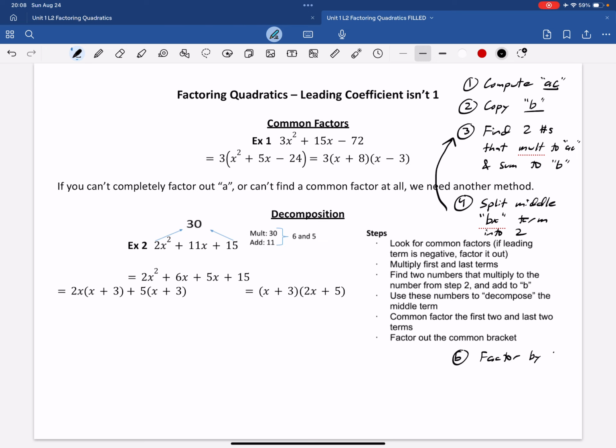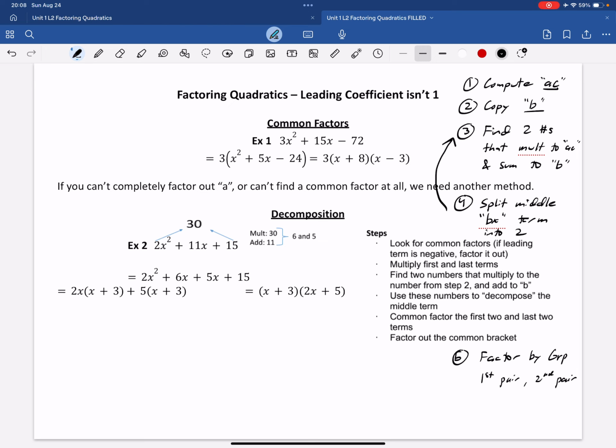That's going to be the first pair, the first and second terms, and then the second pair. It's going to be a little bit easier if I show you. But that's basically the idea: we're going to split a trinomial into an expression with 4 terms. We're going to factor the first 2 and the second 2. And then we're going to look for a common factor, and that's going to be the sign that we've got a factored form.